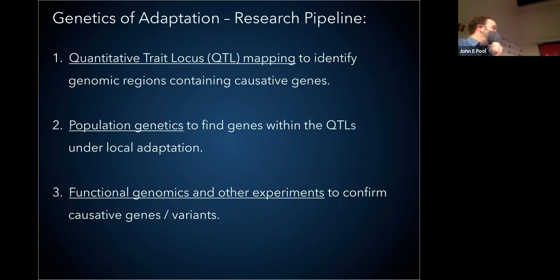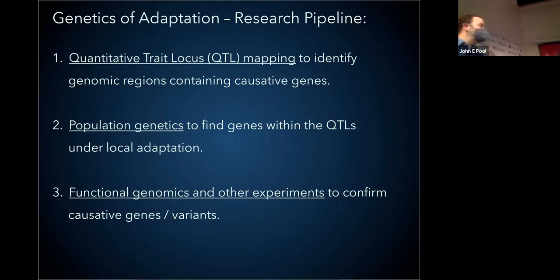And then having identified strong candidates, we can turn to more functional approaches, either in our lab or with collaborators, to try to make more specific inferences about genes or even specific variants that underlie these changes.